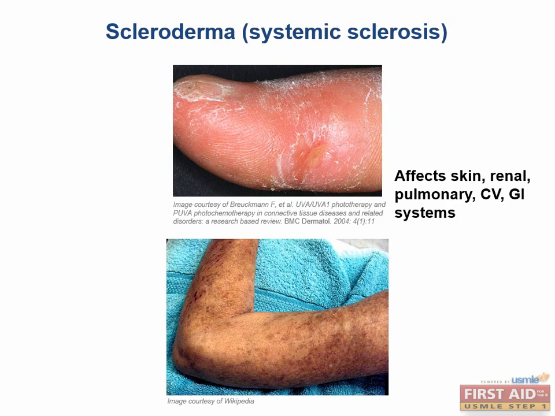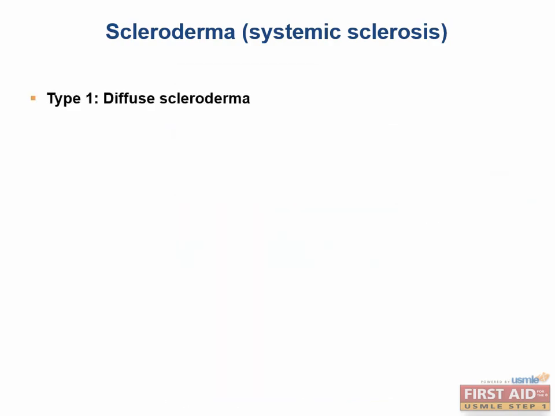There are two major types that you should know about for your Step 1. The first is called diffuse scleroderma. This is exactly what it sounds like, a widespread disease affecting skin and many other visceral organs, and it's rapidly progressive. What antibodies should you screen for? Scl-70, or anti-DNA topoisomerase 1 antibody.